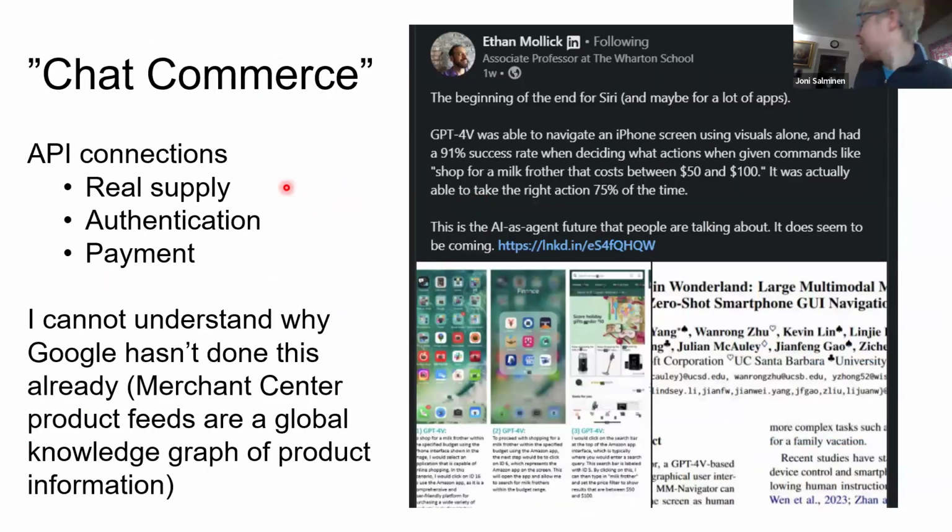Then one use case I'm looking forward to is chat commerce. It's interesting that it hasn't yet fully happened, because this would be a really good marketing use case.